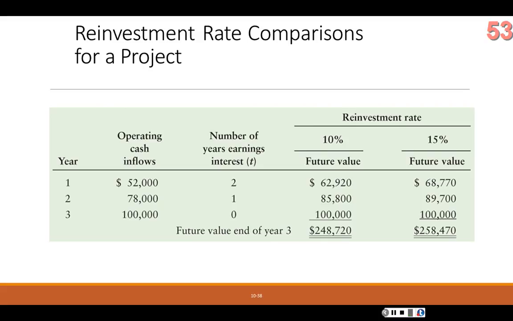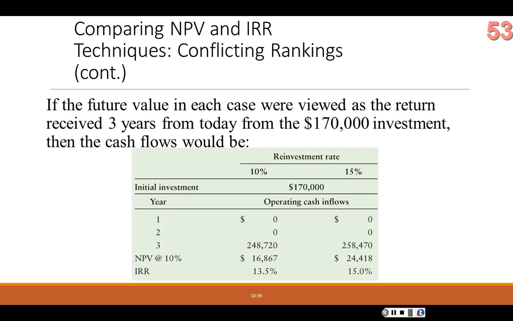So we choose to use the net present value as our methodology of choice when the projects are mutually exclusive. If we looked at these as returns, we would see that choosing the reinvestment rate of 15% is going to give us a greater return than choosing the reinvestment rate of 10%.